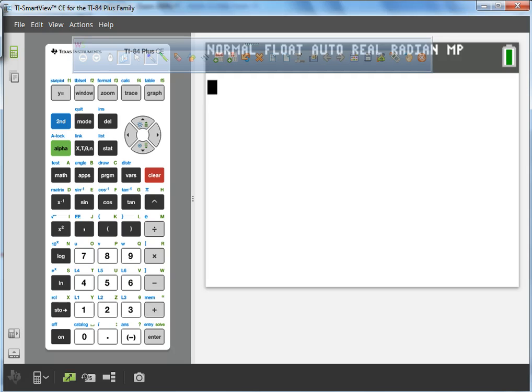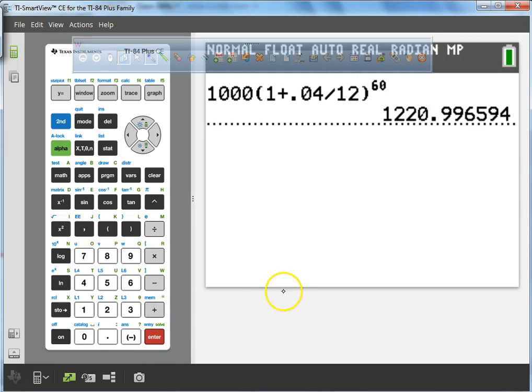So in our calculator, what we did is we opened up a parentheses. We typed in 1,000. Oh, no, hold on. We did 1,000 and then we opened up the parentheses, my bad. I put 1 plus 0.04 divided by 12, and then I raised that to the power of 5 times 12, which is 60.